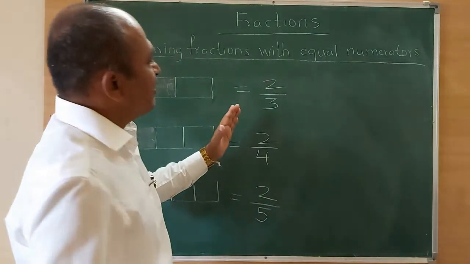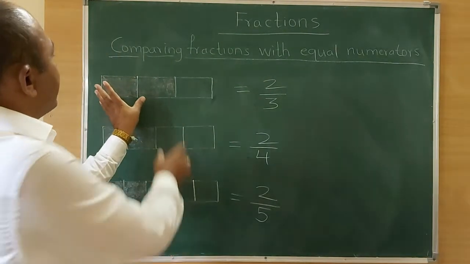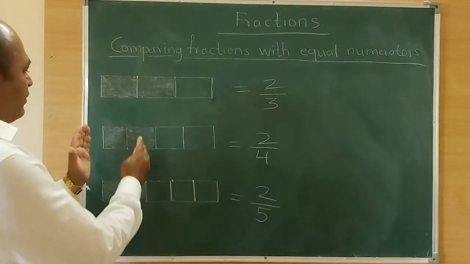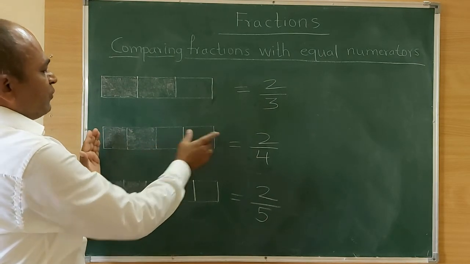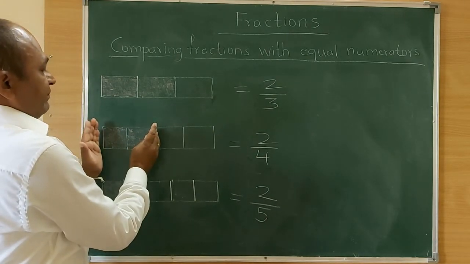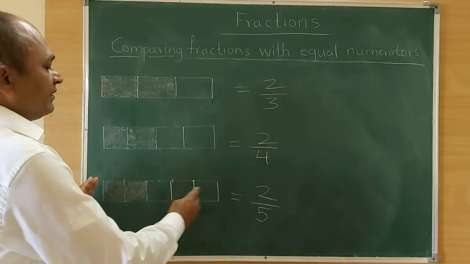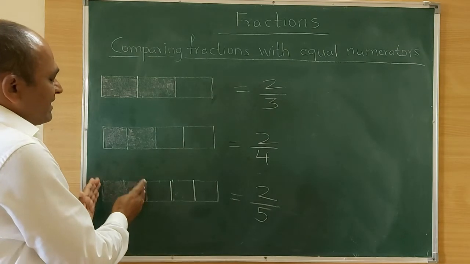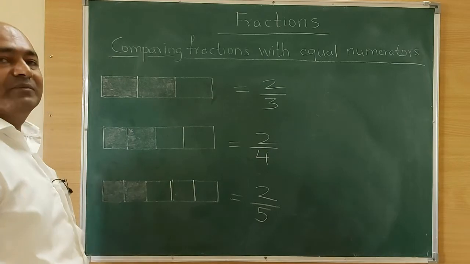So I told you that when the numerators are same, see here, 2 parts out of 3 are shaded. Bigger portion is shaded. 2 parts out of the 4 parts are shaded, so half of the portion is shaded here. And here 2 parts out of the 5 equal parts are shaded, so less than half of the portion of this strip is shaded.